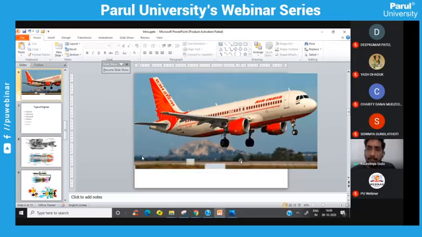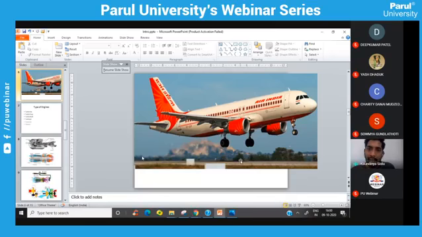Okay, I'm making it big. So let's say this aircraft. This is a narrow body, not a wide body, because it has only 32 columns and 4 rows. So it's a narrow body aircraft.